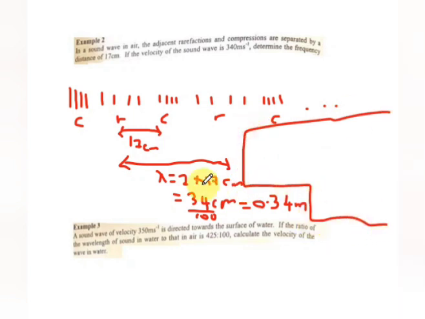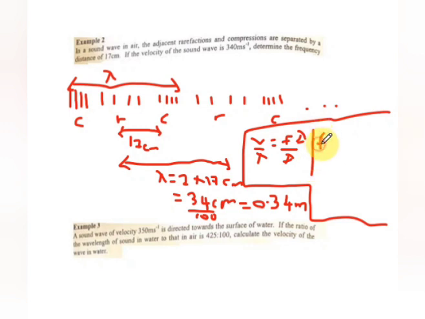So to determine the frequency, you can also determine the wavelength by using two consecutive compressions. So remember that v is equal to f lambda. So if you divide both sides by lambda, f is going to be equal to v over lambda, the wavelength.